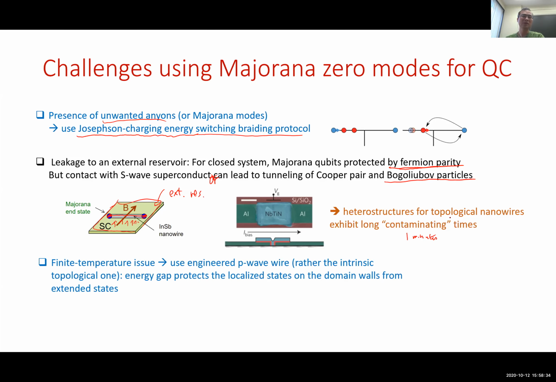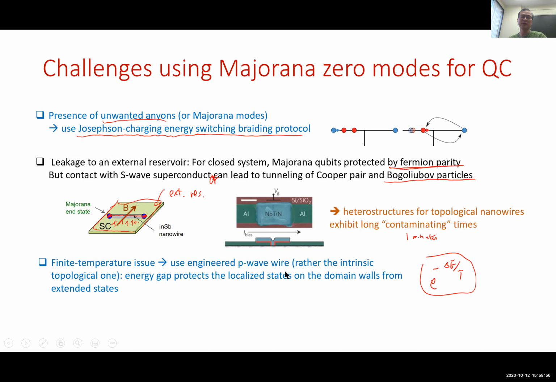There's also an issue if you are sitting at finite temperatures: how do you protect against anyons that may exist because of finite temperature? There's still some probability, because of Boltzmann factors. So you want to engineer a system with a large energy gap.